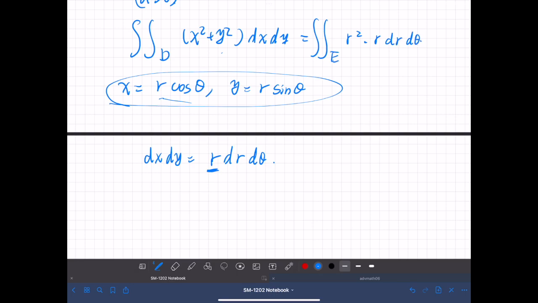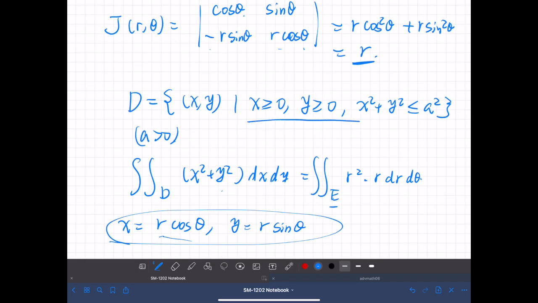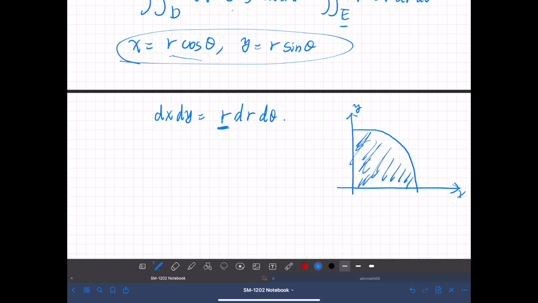So it corresponds to some region in the polar coordinates. Let's call it E. But here we have these conditions. If we visualize this, that corresponds to this quarter of the circle.